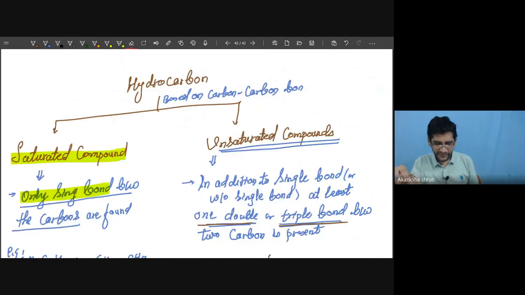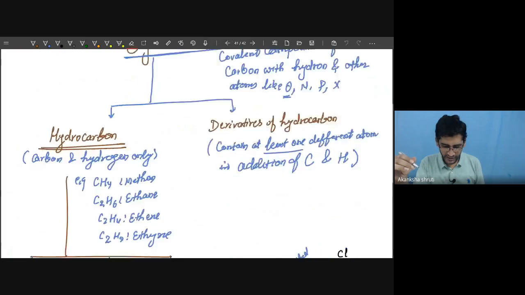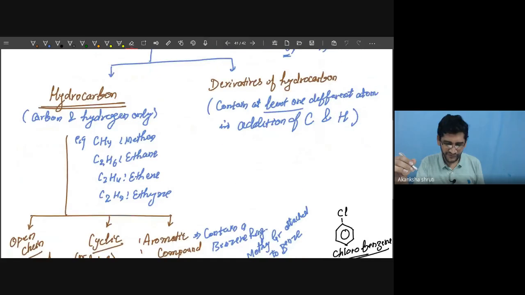So, students, here we have learned about the hydrocarbon. Now coming back to the other end. The other end is our derivatives. Whatever hydrocarbon we have learned that contains carbon and hydrogen, there may be double bond, single bond, maybe cyclic, maybe aromatic, forget everything.